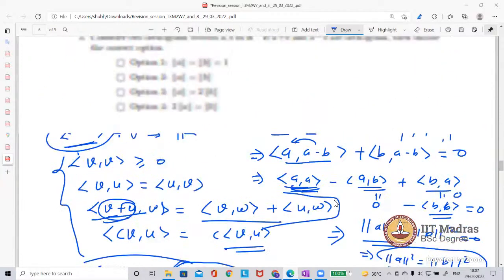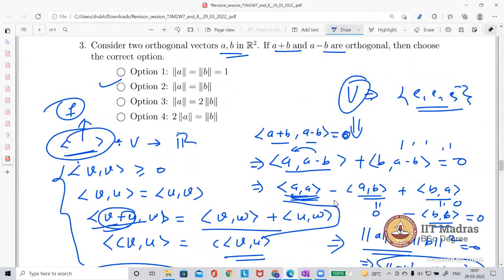So sir, why is my approach wrong? See, you directly multiplied it like this. Yes, I took the normal definition. No, how can you directly multiply?